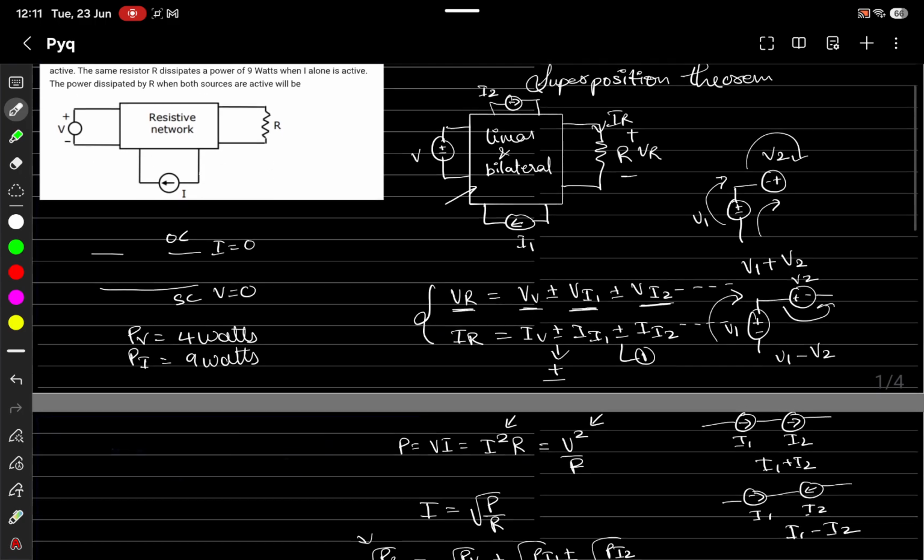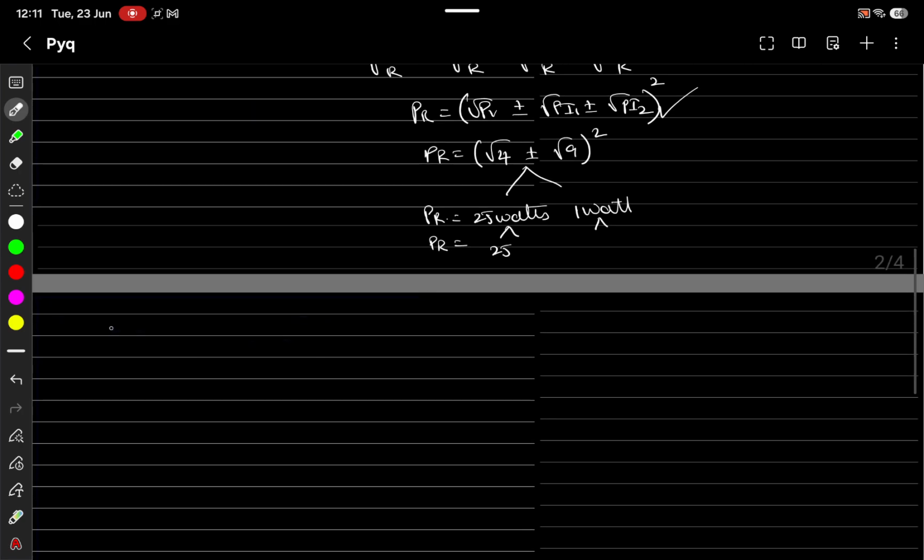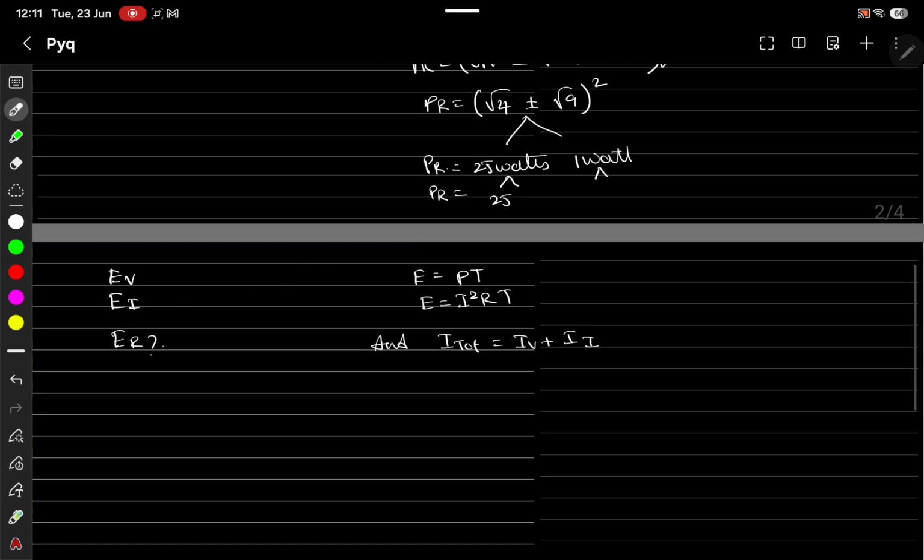Now let's see another thing. What if they have given energy due to voltage source V and current source I? Then how to proceed? We need to find ER. We know E is equal to PT, E is equal to I square R into T, and from superposition theorem we have seen I total is equal to IV plus or minus II.